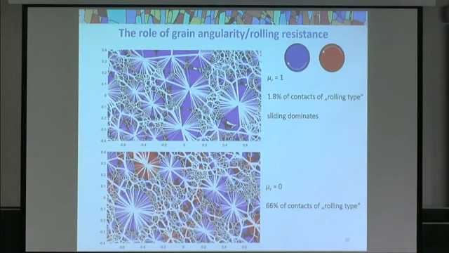When we use a DEM model to study what is going on, as I said, the model that I'm using is based on circular grains, but we may use rolling resistance as a kind of trick to simulate angularity of grains, and we may modify it during the simulation to make our grains evolve from angular to circular in shape, from having high rolling resistance to low one.